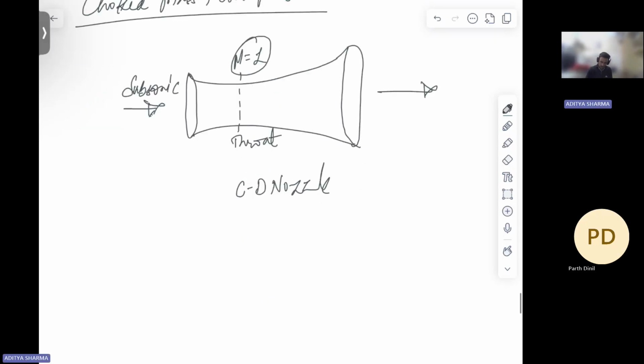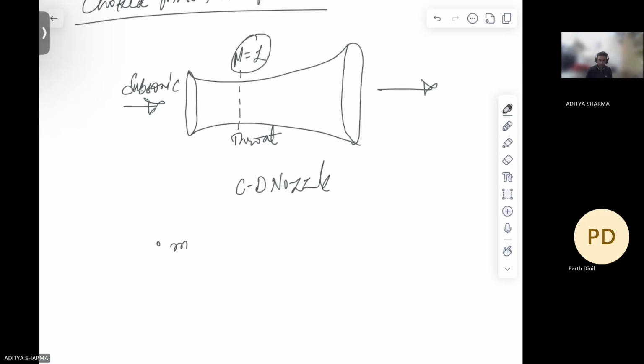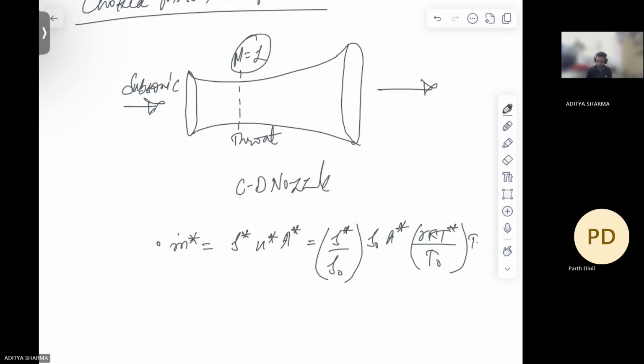Then the expression for it has been given. M star has been given like this, rho A V. This is there.